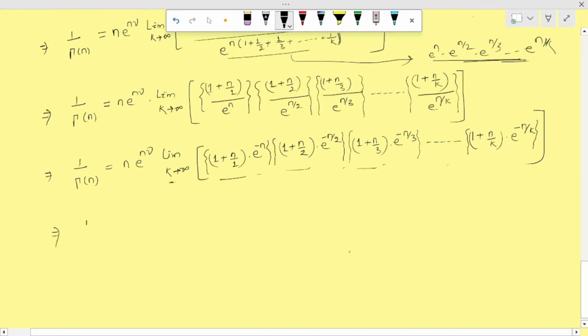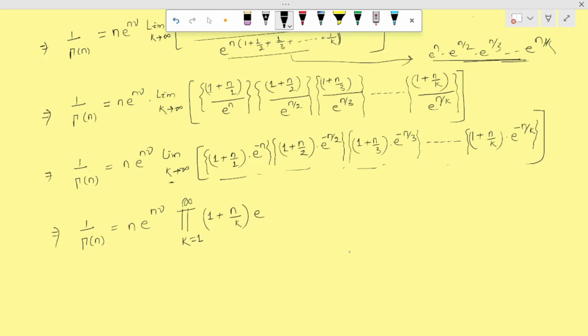So if we write in symbolic manner, how are we going to write? It can be written as n e to the power nγ, infinite product, k equal to 1 to infinity, of 1 plus n by k whole into e to the power minus n by k.